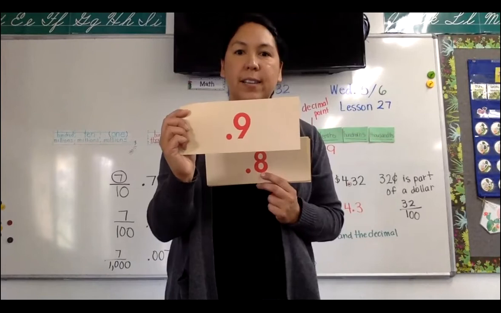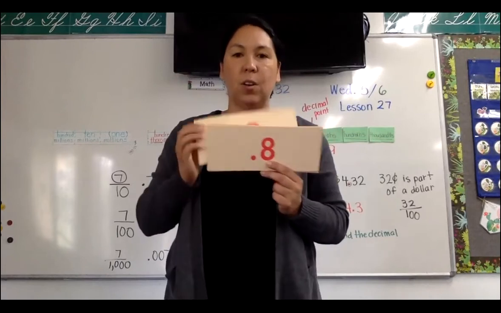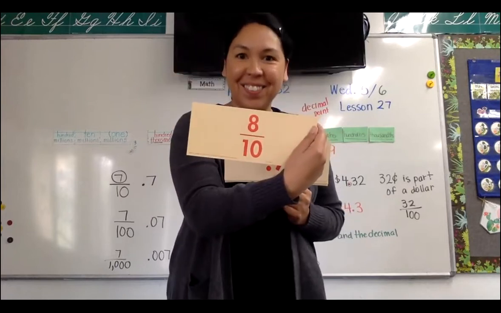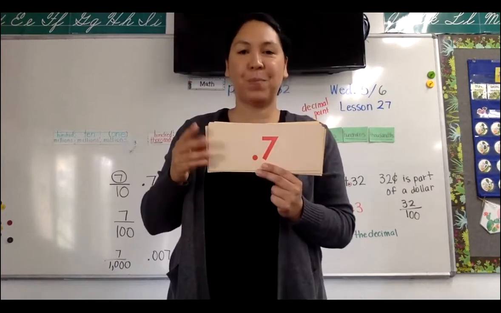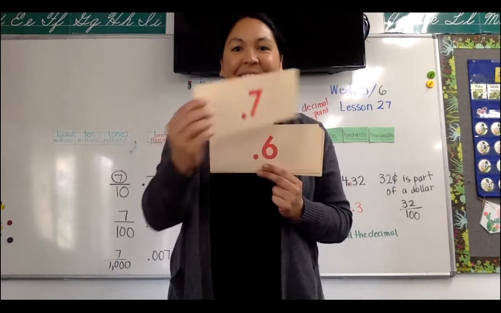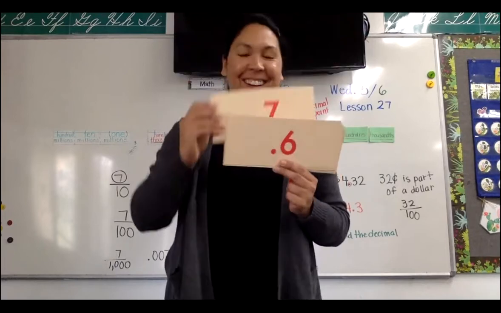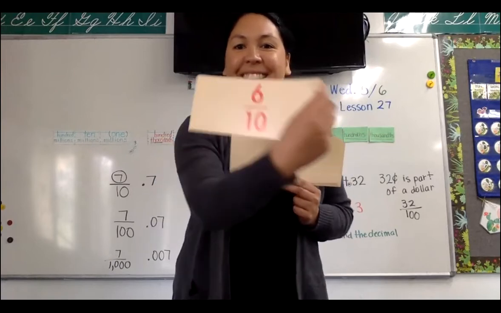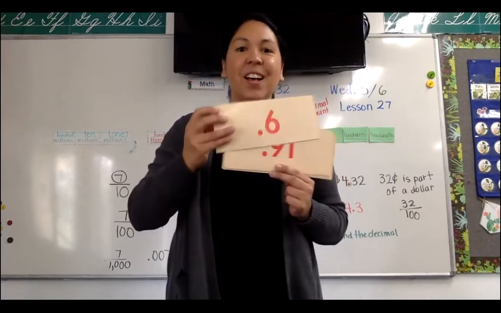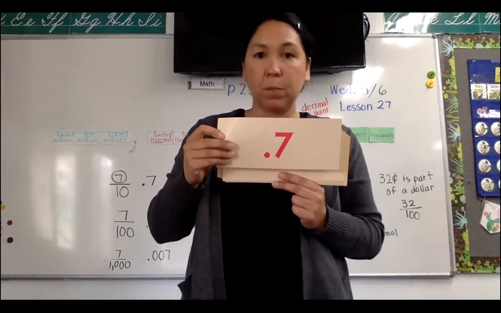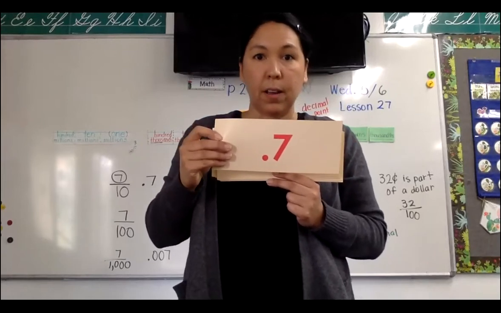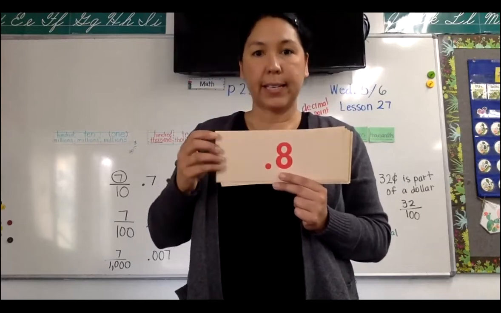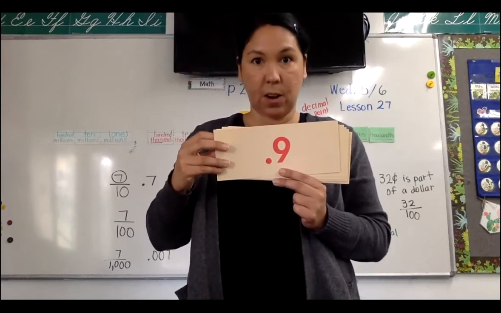If this was 9/10, what are we gonna say for this? 8/10. Good job. What would this be? 7/10, right? You getting the hang of this? What would this be? 6/10. All right? So when there's just one number, we just say the number and say tenths after it. 7/10, 8/10, 9/10. All right?